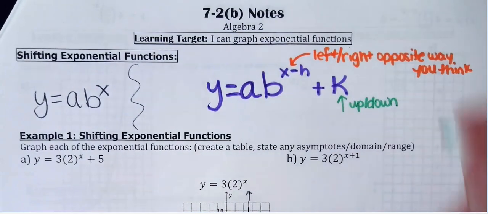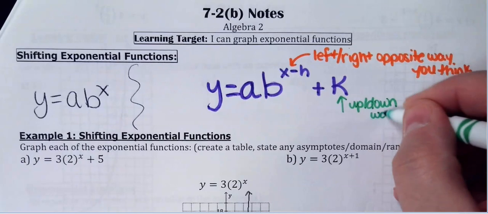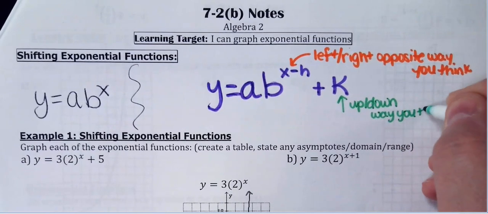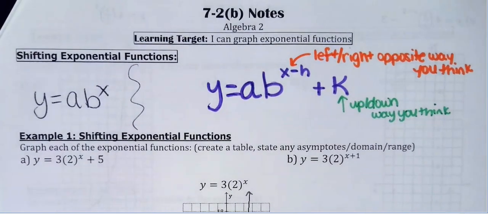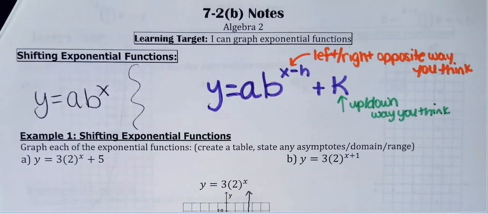And this will just be exactly the way you think. So if I've got like plus 4, it's going to take the graph and shift it up 4. If the k value said minus 3, we would take the graph and shift it down 3. So outside, that's going to affect your y.